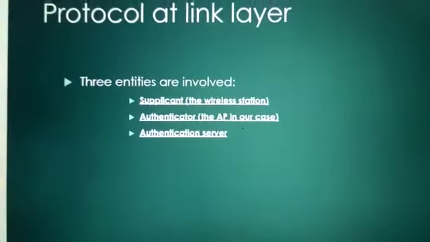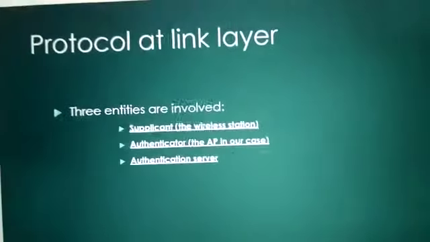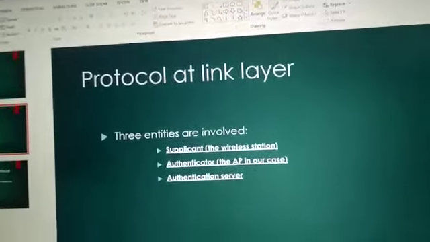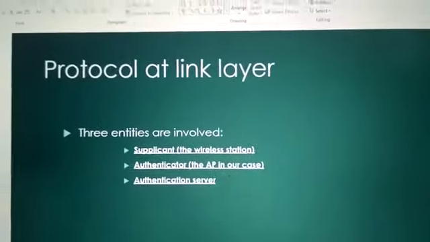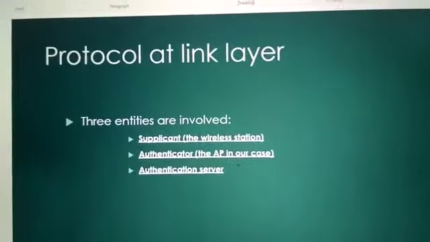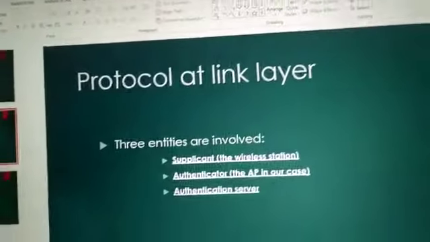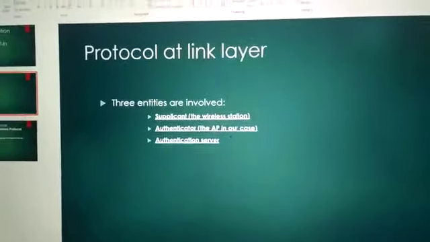The user will use a particular mobile device, and a particular software will be installed on it, which is used for connecting to the network. So the supplicant is nothing but the station. As we know, a station is your mobile device or any computer which wants to get connected to the network. That is the supplicant.